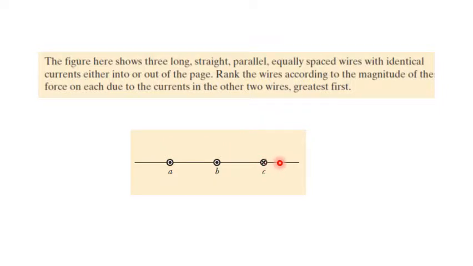So here the summation would be 1 over D plus 1 over 2D, while at B the summation is 1 over D plus 1 over D. So B is greater than C and C is greater than A. So the arrangement of the forces would be B first, then C, then A.